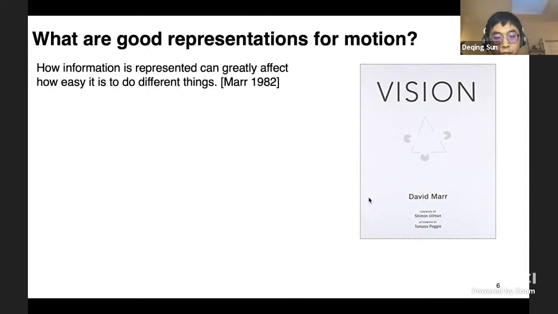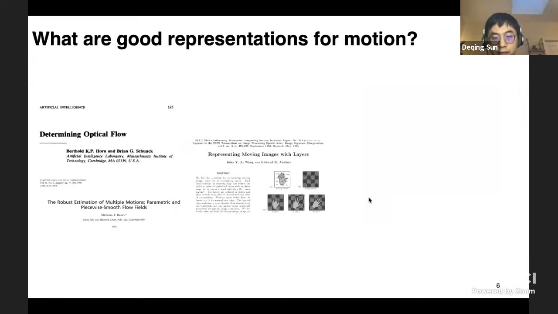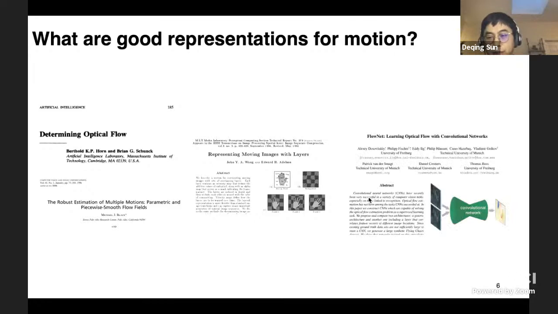For optical flow, we have seen different representations. For example, the first is the energy minimization or variational approach introduced by Horn and Schunck. And also the middle-level representation, like the layered approach. And more recently, the neural network-based approach.